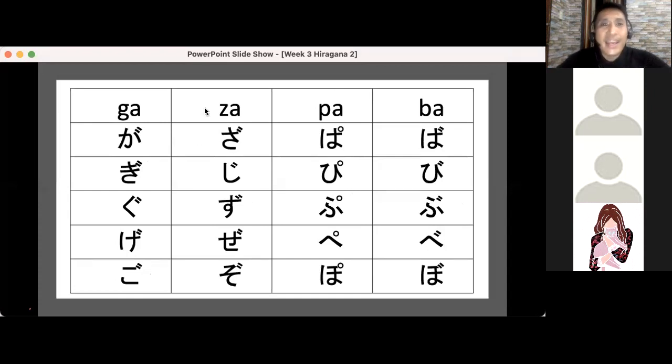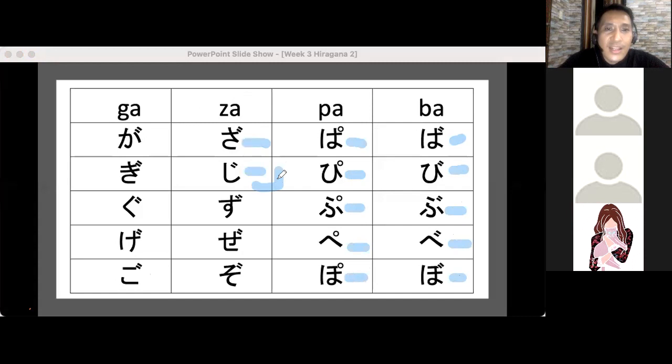Okay? So again, try natin itong basahin. Ito yung medyo tricky sa bahaging ito. Ba, bi, bu, be, bo. Pa, pi, pu, pe, po. Za, ji.